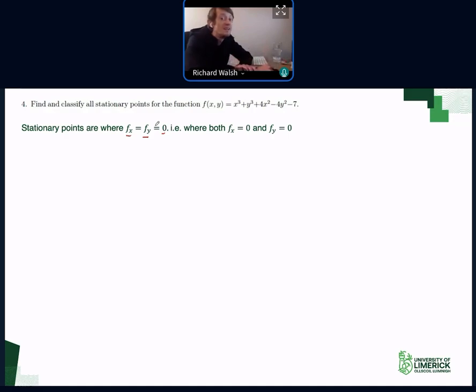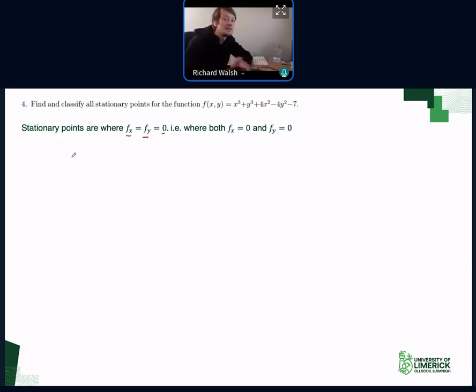That's going to allow us to find the stationary points. We deal with classifying them afterwards.